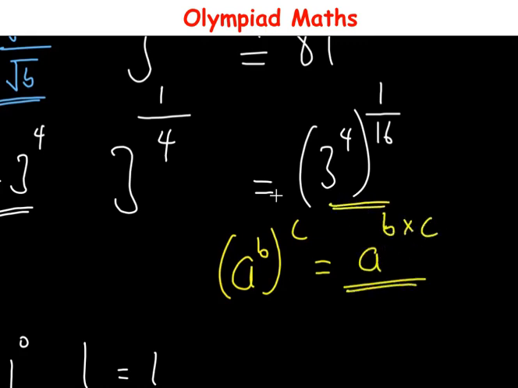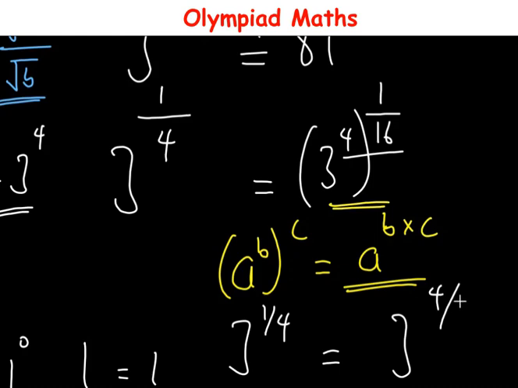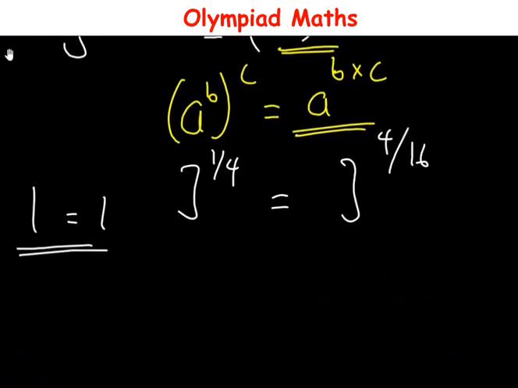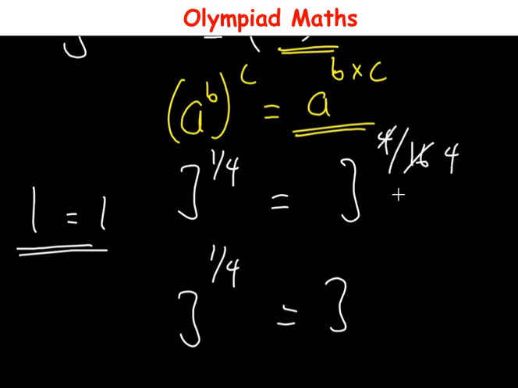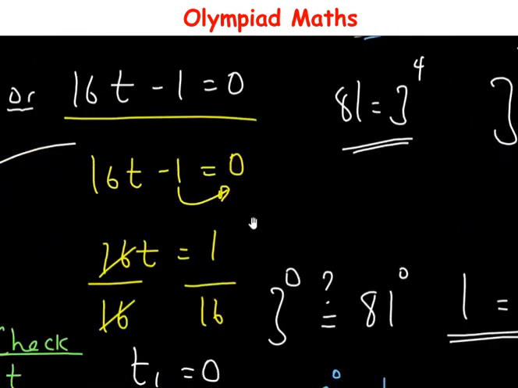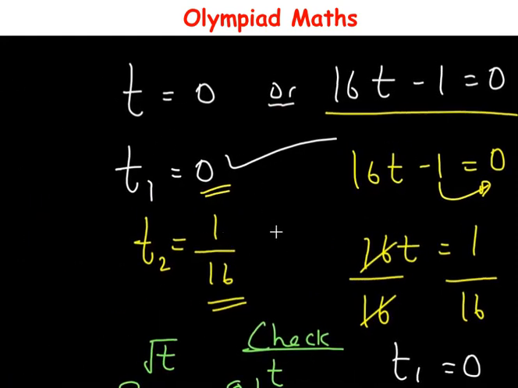Applying this right here, we have 3 raised to power 1 over 4 is equal to 3 raised to power 4 multiply 1 over 16. 4 times 1 is 4 over 16. So with this, 3 raised to power 1 over 4 is then equal to 3 raised to power 4 divided by 16, we have 4, so 1 over 4. Now, since they are equal to each other, this also means that the solution of t2 that we got as 1 over 16 is also the correct solution. So with this, the two solutions are correct for the given question.